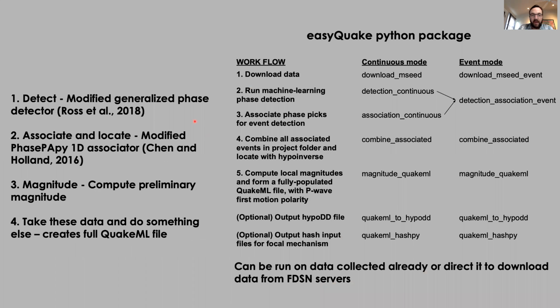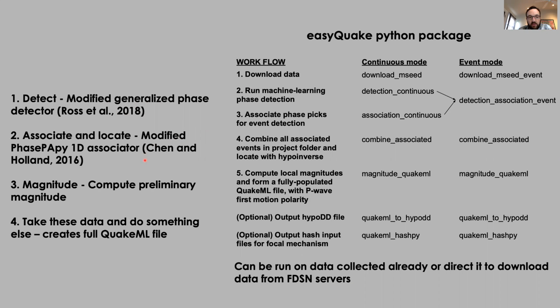So we developed this package which combines a machine learning driven picker developed by Zach Ross and colleagues at Caltech with a Python 1D associator from Chen and Hall in 2016.